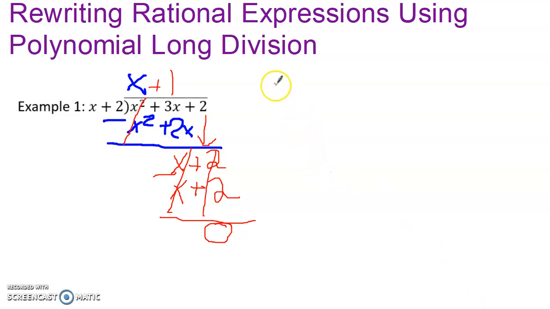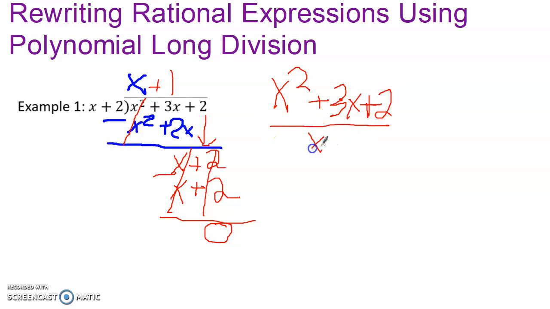So what that tells me is that x squared plus 3x plus 2 divided by x plus 2 is x plus 1.